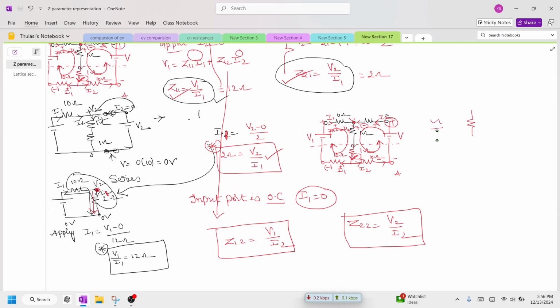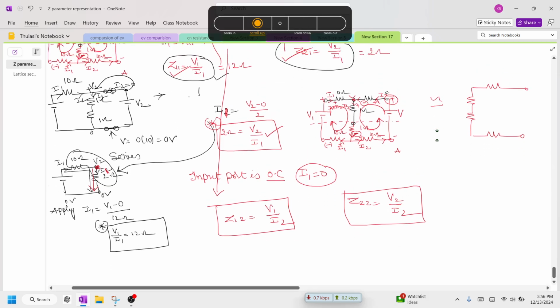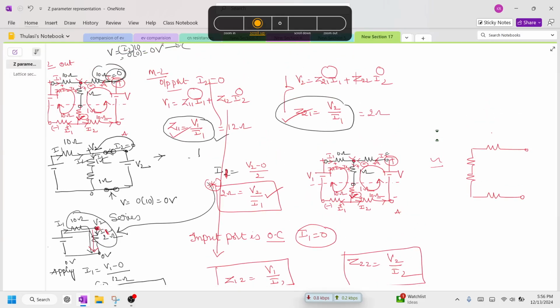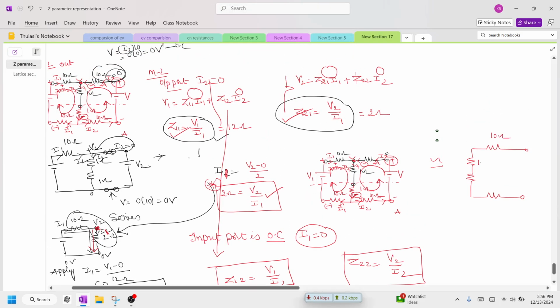This is one branch, this is another branch, this is another branch. Here this is of 10 ohm, this is 1 ohm, this is 1 ohm, and this is 10 ohm. This is the applied voltage V2, and the current flowing in this branch is I2.